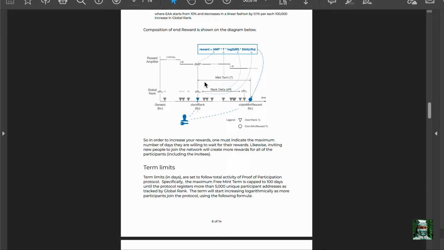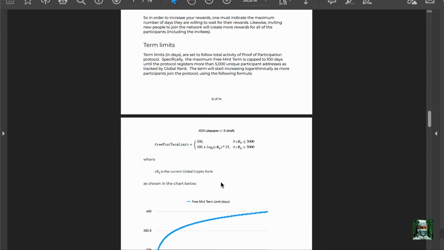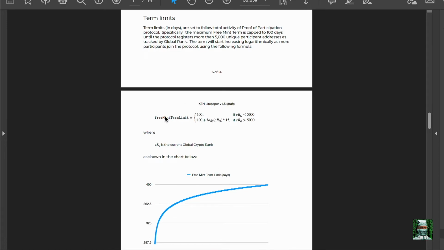I told you that initially you can choose the mint term between 0 and 100 days, right? Up to 5,000 addresses. And here's actually the math, how it looks like. So if we look at this, it means that the so-called free mint term limit, it's a very complicated word, but it actually means the amount of days you're allowed to choose your mint term.